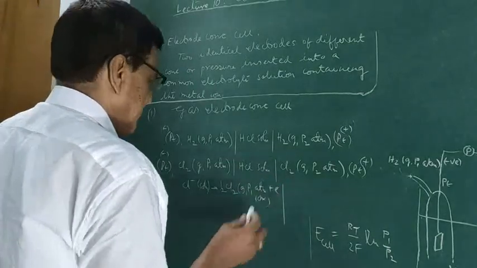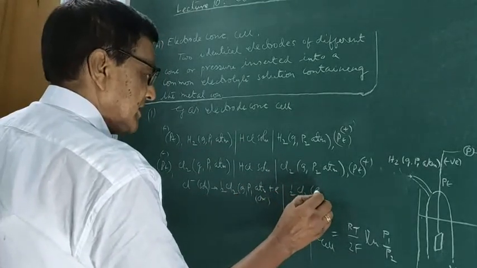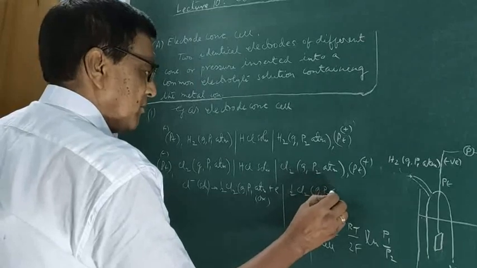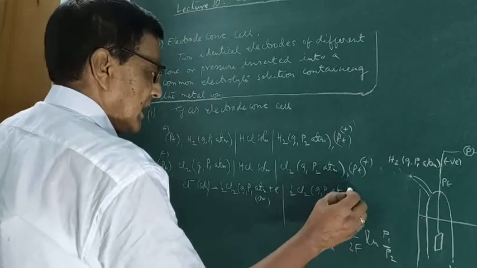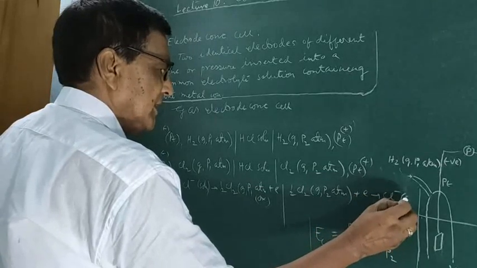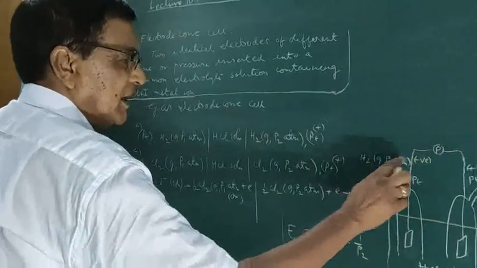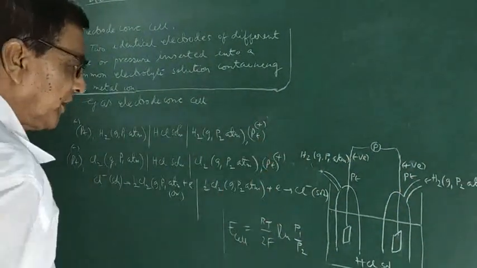And in this case, half Cl2 gas at pressure P2 atmosphere plus electron giving Cl minus in solution. Instead of hydrogen gas, here I can write chlorine gas.